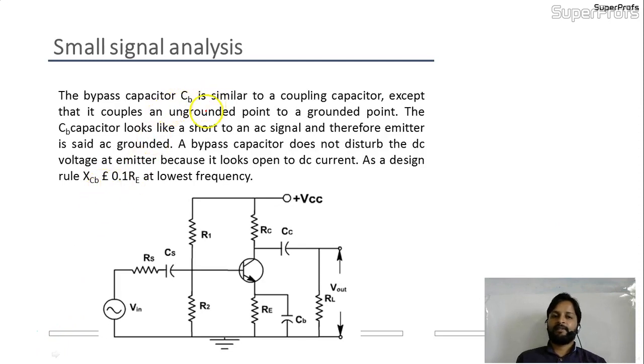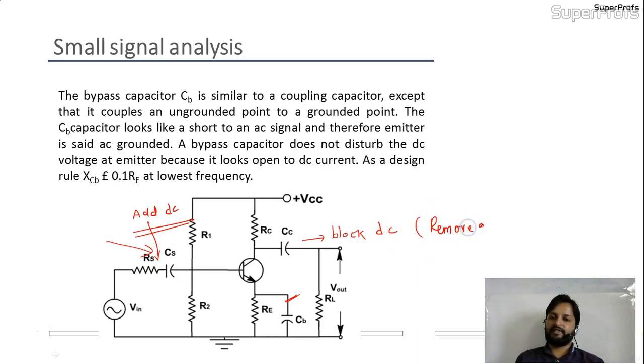Now the bypass capacitor CB. See, now see the bypass capacitor. The function of this is to block DC. The function of this is to add DC. Means I can say at the input stage you will add DC, at the output stage you will remove DC.